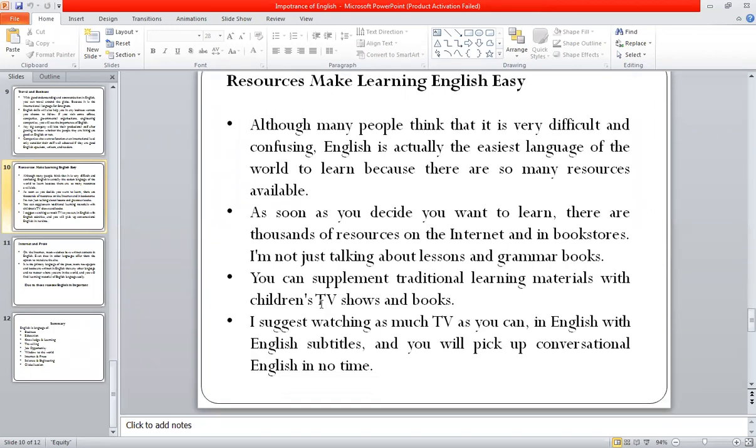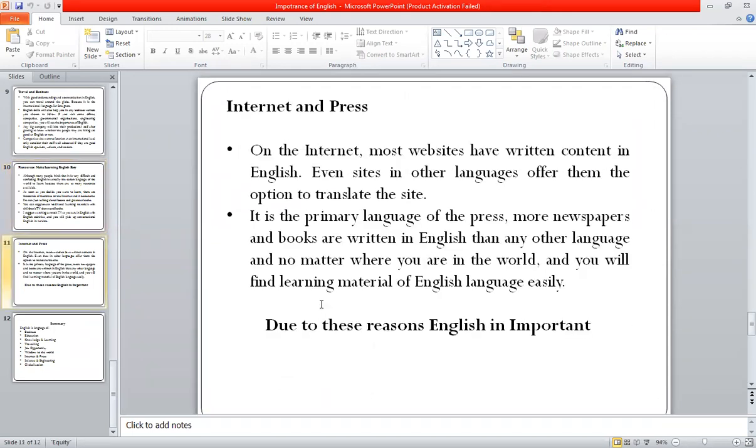Moving towards the next slide. The next one is internet and press. This language is also called the language of the internet and press. You can see that on the internet, you can Google for any information. You do one thing: you try to Google it, or search it on Google.